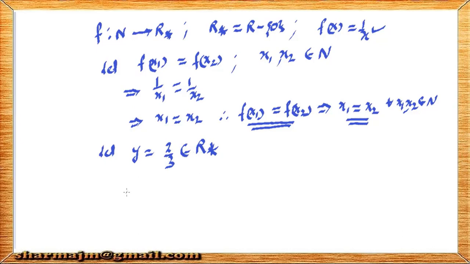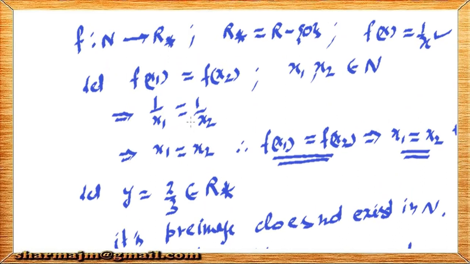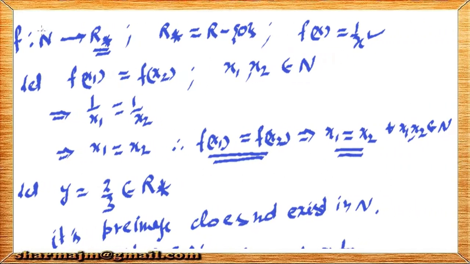Now its pre-image does not exist in N. Here we can also see R star denotes real numbers. So if we take fractions, then their pre-images will also be fractions, and that will not be in N. Hence this function is not onto.